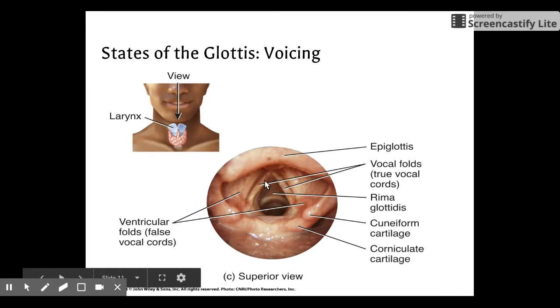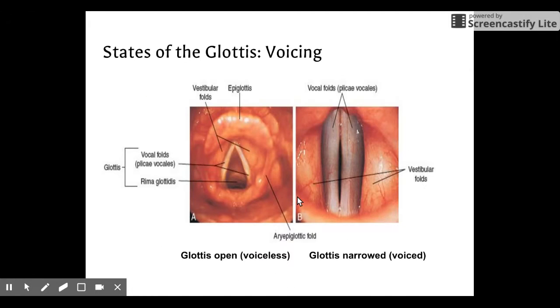The most important part, the thing that interests us, is these two muscle tissues, the vocal folds. We can ignore the rest. The status of the glottis affects the voicing feature of the sound.